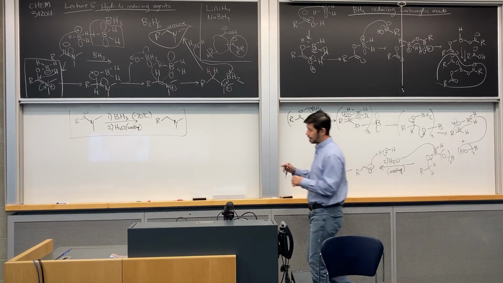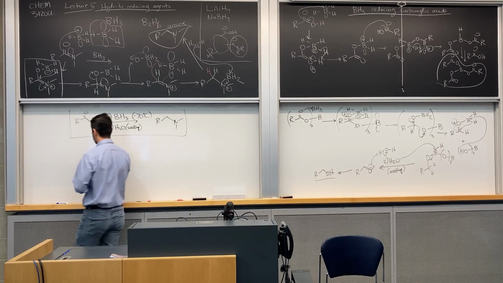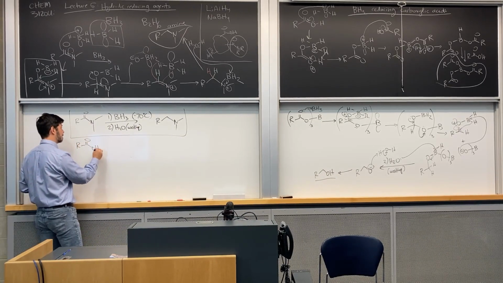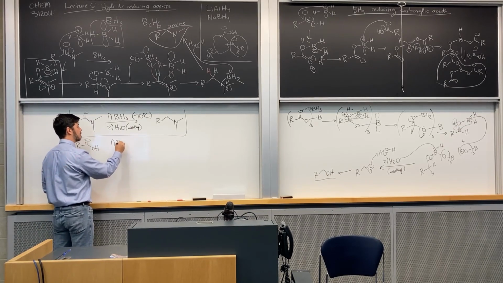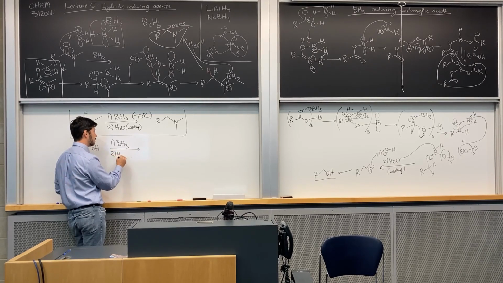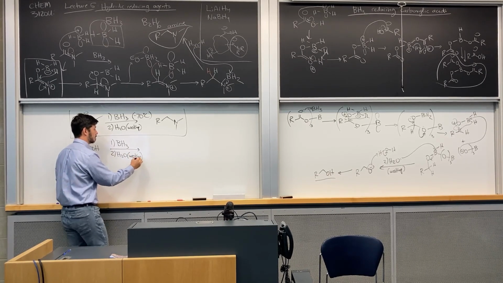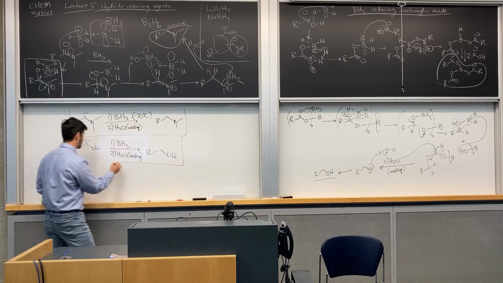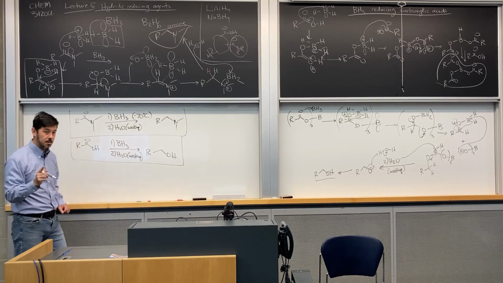So I just want to highlight again how boron works and what that final reaction is. So we can take a carboxylic acid and we can treat this with BH3, keep that at cold temperature if you'd like, do the same type of workup. And we generate, in this case, primary alcohol.